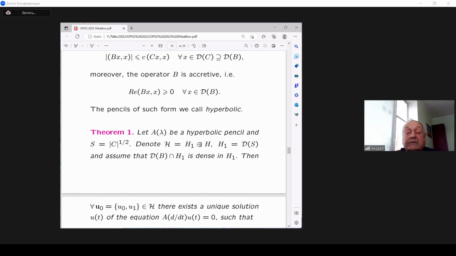Denote H beautiful is this space. You see, again, we have a different topology, and assume that the domain of B intersection with H1 is dense in H1.